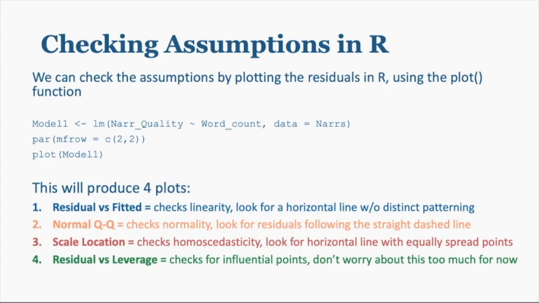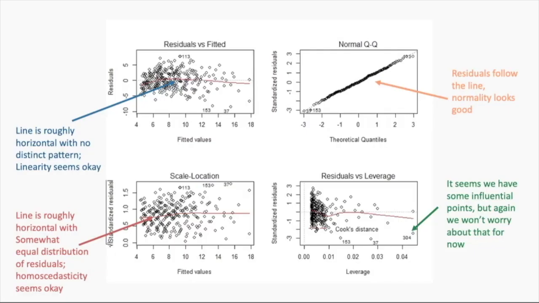We want those dots to fall along the straight line. The scale location checks homoscedasticity. We want to look for a horizontal line with equally spread points, like a cloud of points. And then residual versus leverage checks for influential points. We're not going to go into this one a ton yet. It's not part of the core assumptions, but it's something we're going to need to check, and we're going to do that in the very next lecture when we talk about diagnostics.